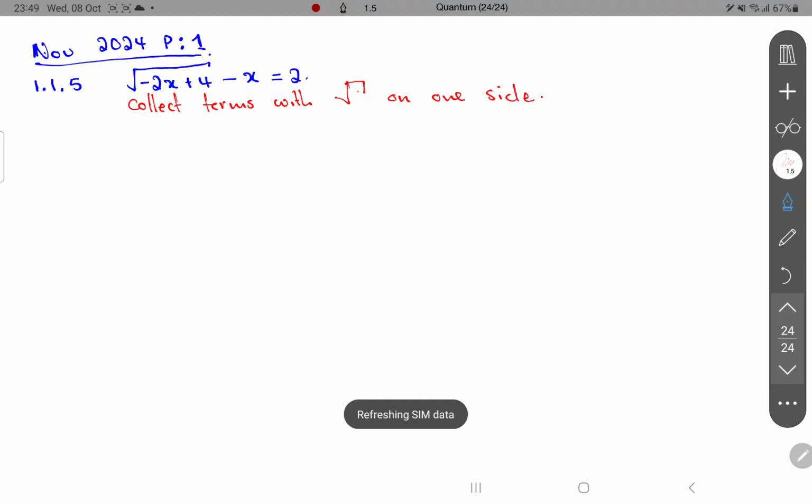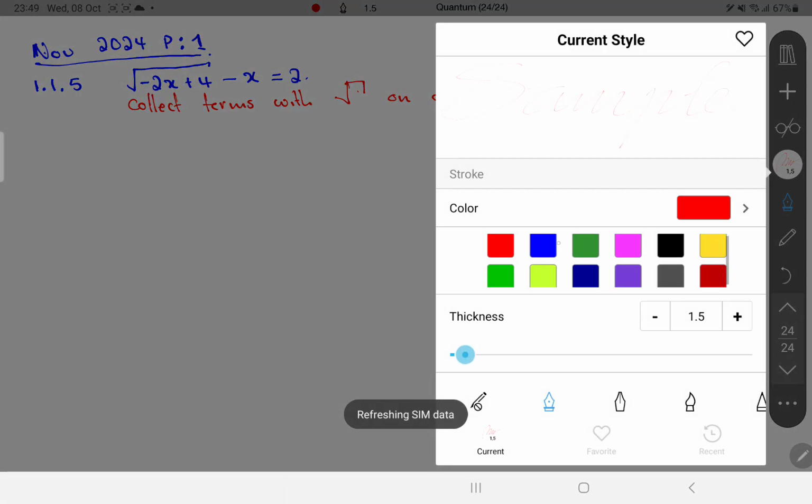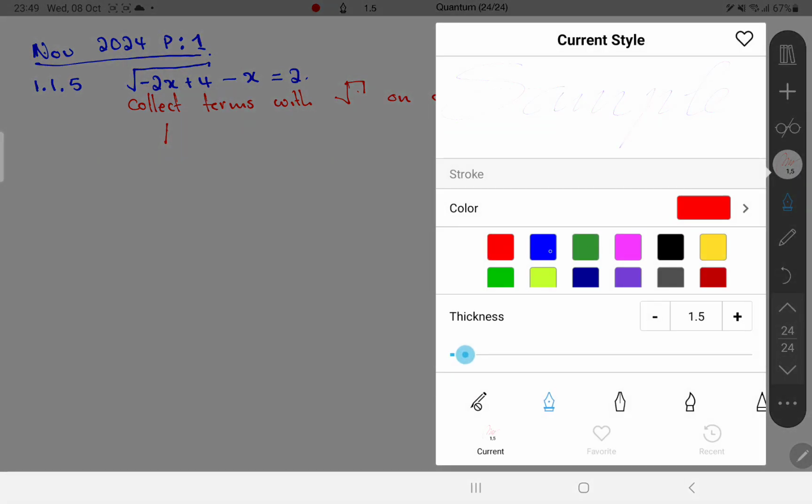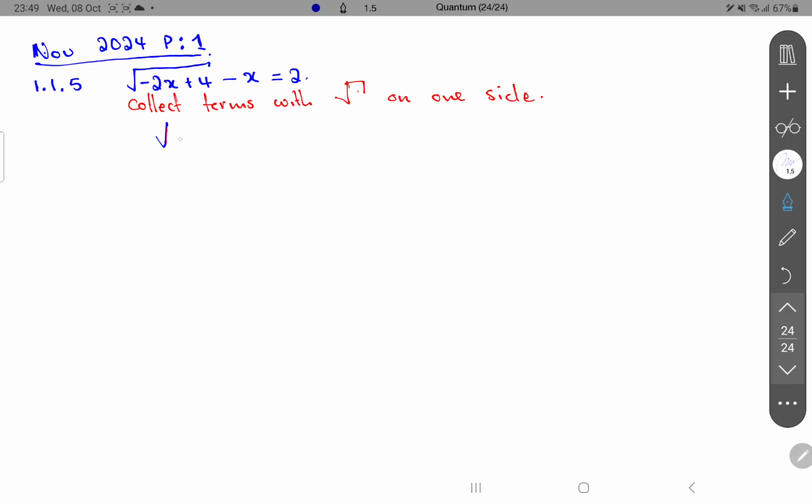So basically we are going to remove the minus x. So we are going to have the square root of minus 2x plus 4 equals x plus 2.